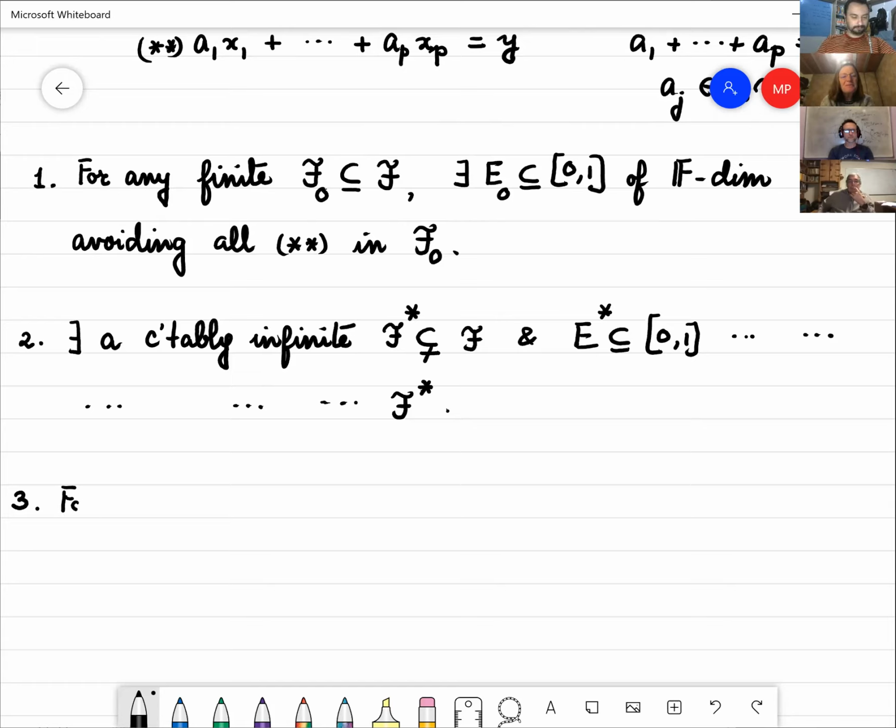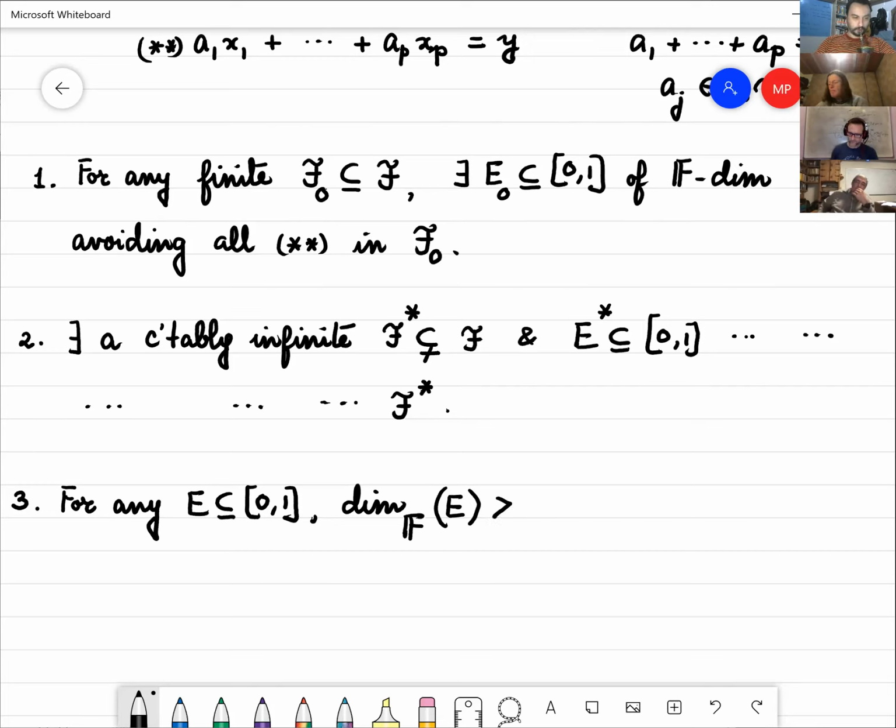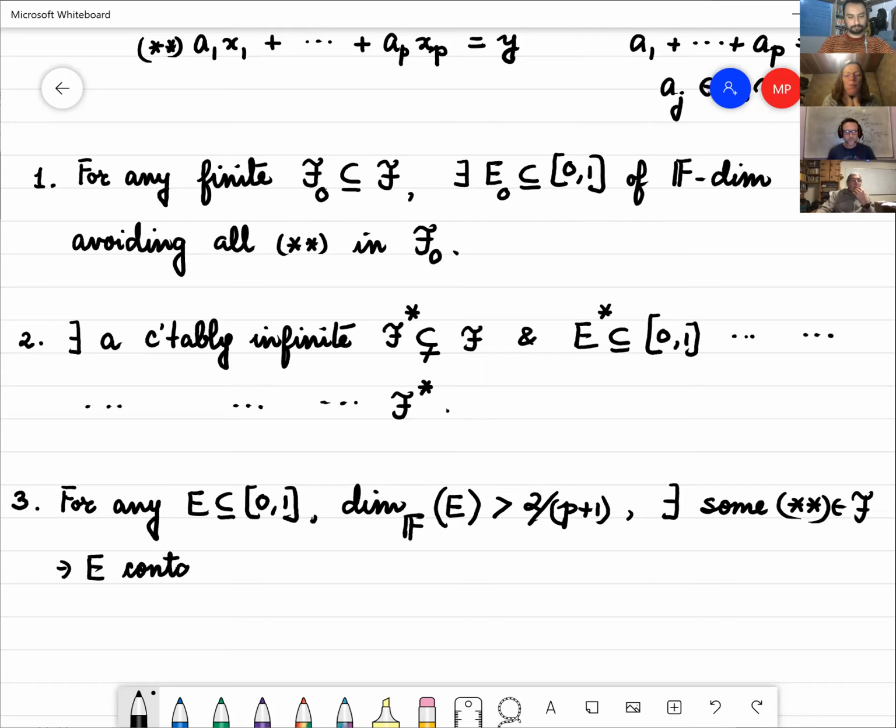So for any E subset of 0, 1 whose Fourier dimension is larger than 2 over p plus 1, there exists some equation in script F such that E contains a non-trivial solution of double star.